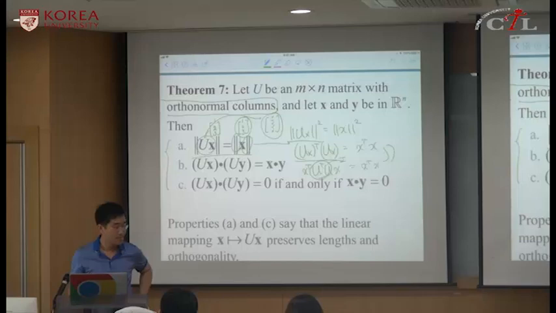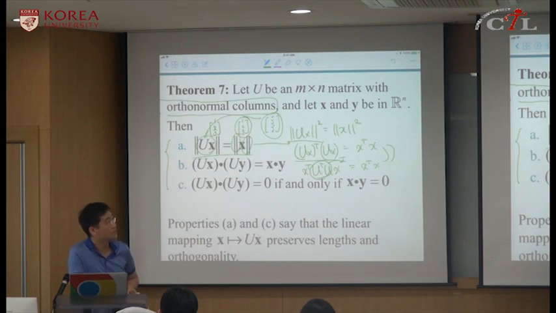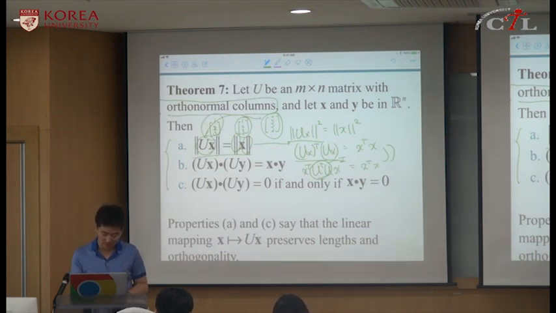Okay, but its physical meaning is that the vector length, even after the linear transformation through this matrix U that has orthonormal columns, didn't change at all between this 3-dimensional vector and the 5-dimensional vector. And then let's look at this another one, and let's look at the physical meaning first. So we are given these two vectors in the 3-dimensional space.